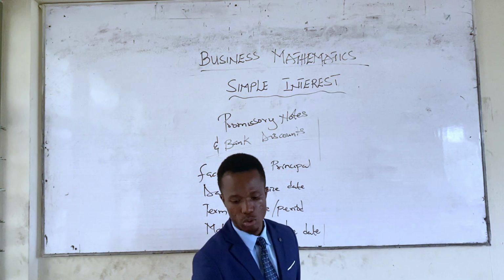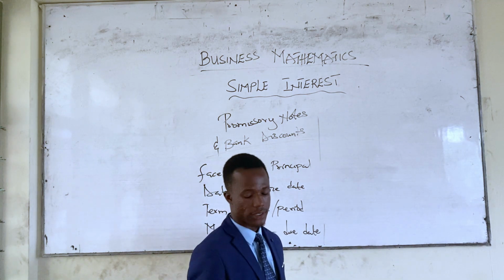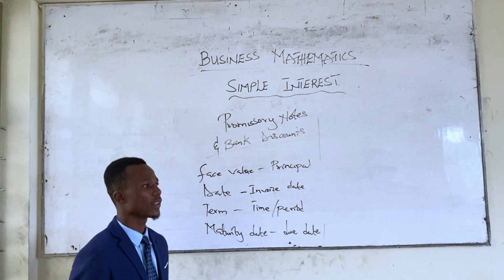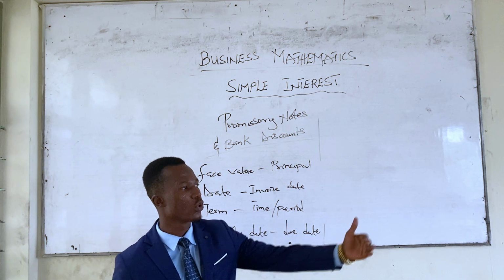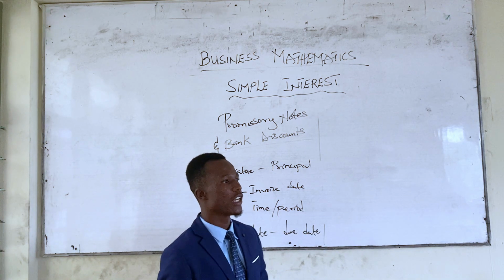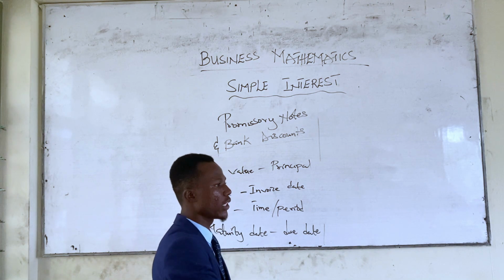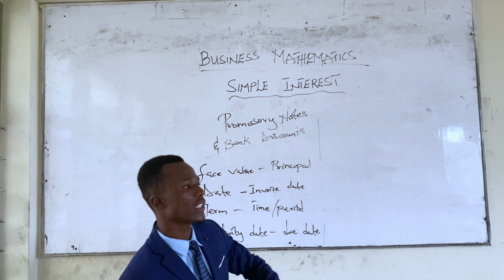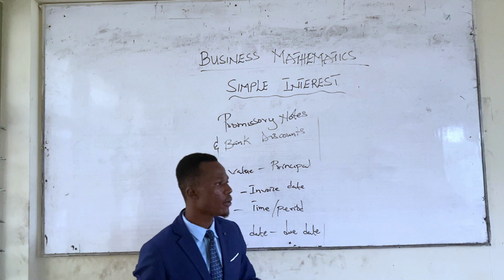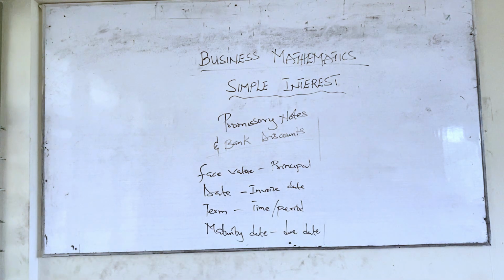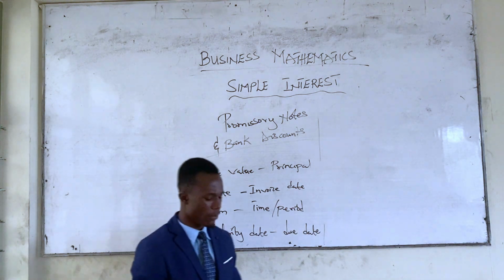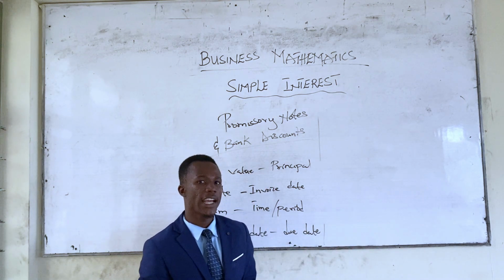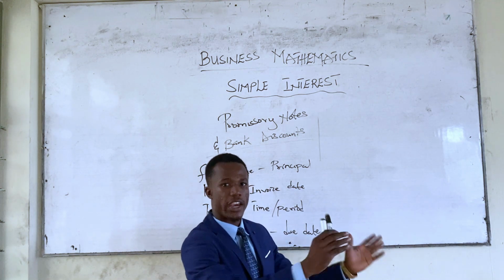Sometimes people will just go and borrow something, then they will introduce a bank as part of the deal. They will assure the bank that if I'm not able to pay this person this certain amount, then the bank should take care of it.